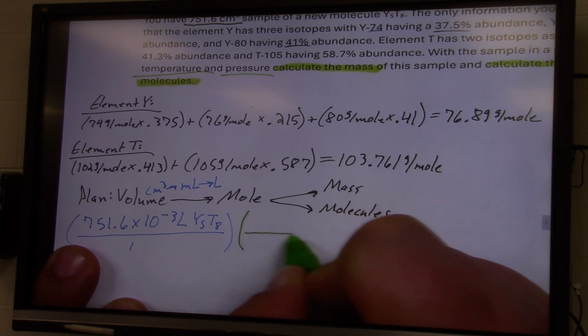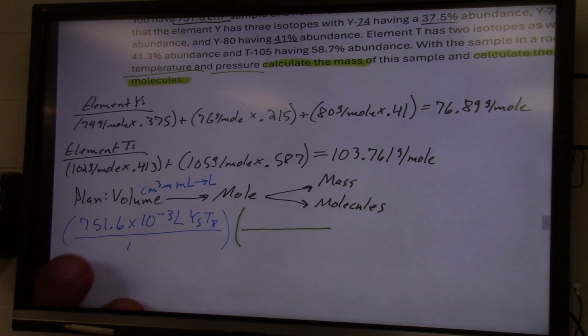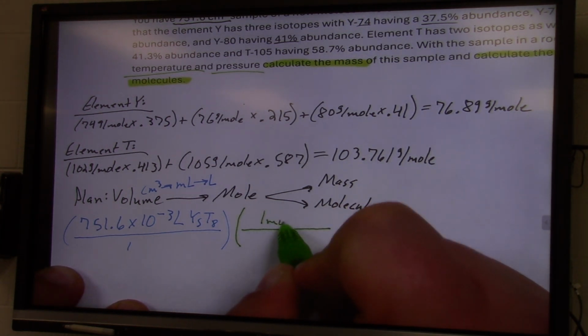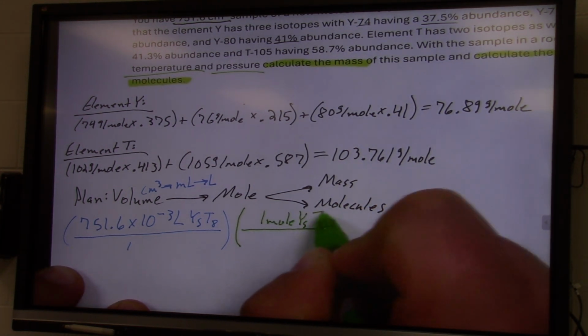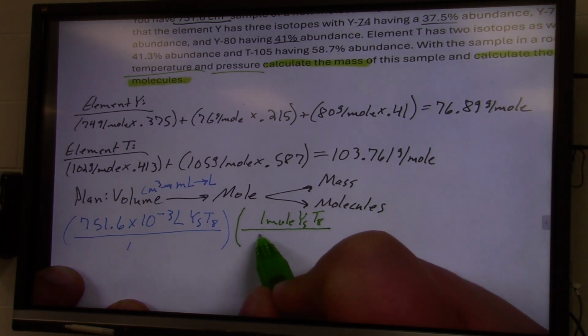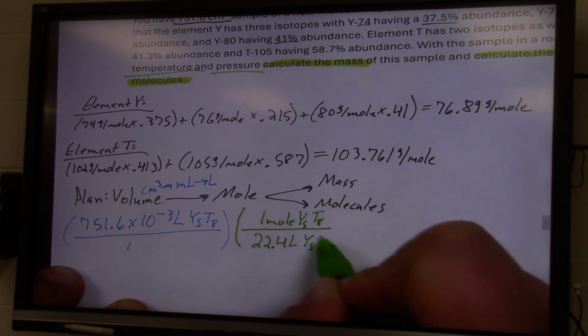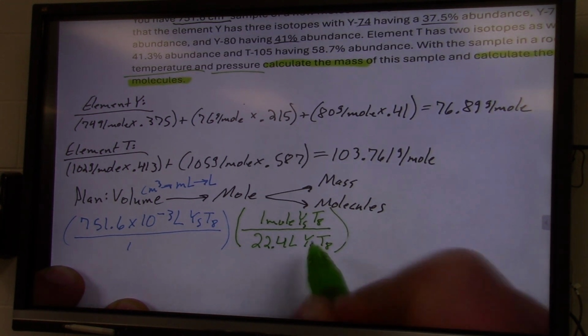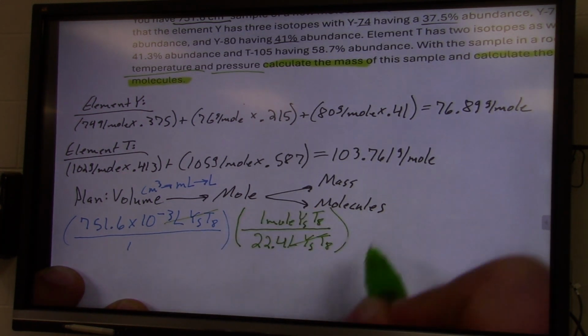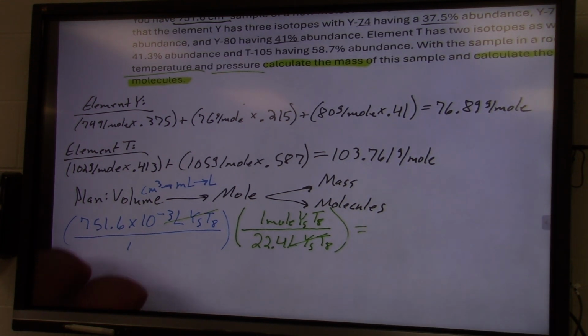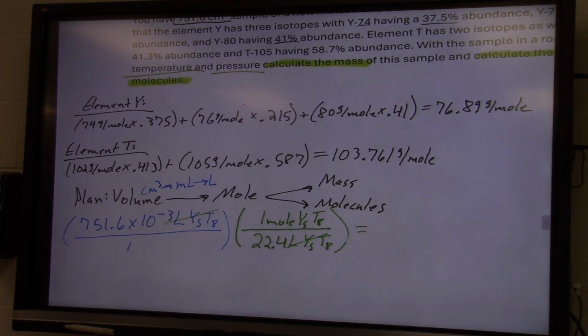All right, I'm trying to go first to mole. So I'm going to do 1 mole Y5T8 over 22.4 liters of Y5T8. Liters of Y5T8 cancel. Typically I set all my conversion factors up all at once, but I'm going to 2 different locations, so I will need this next number twice.